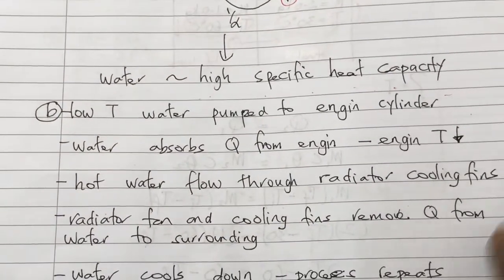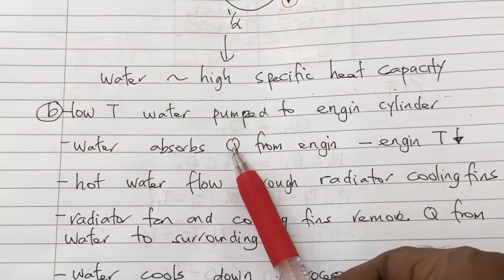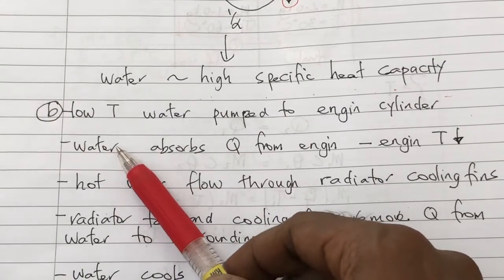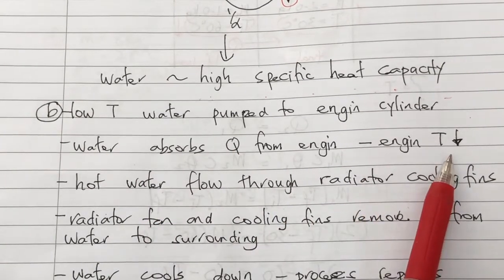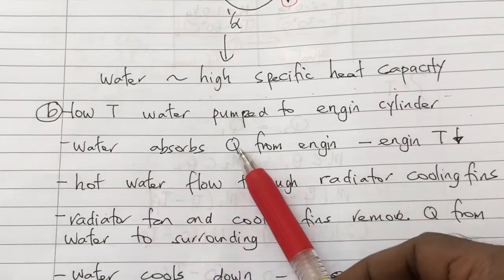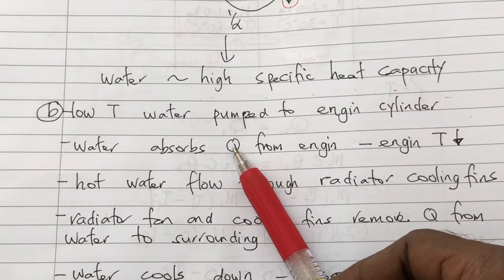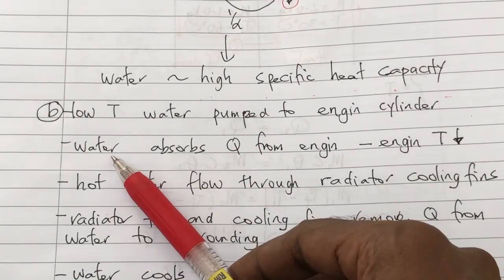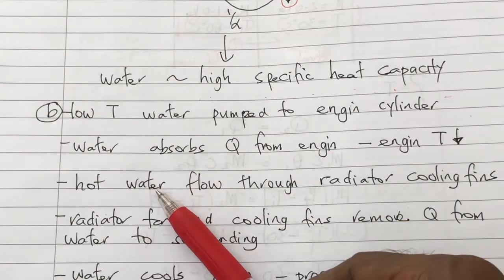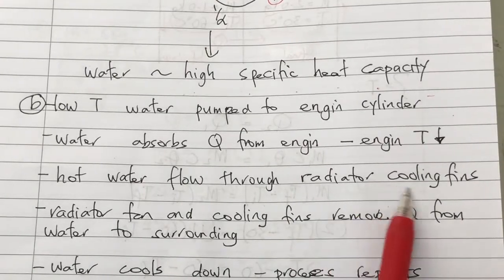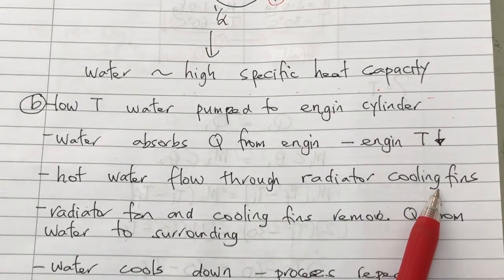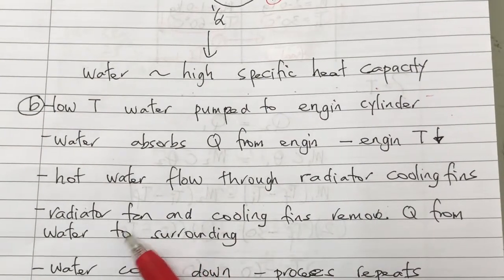Now, after the water has absorbed the heat, the temperature of the water has increased. Temperature of the engine decreases. So water absorbs heat from the engine and its temperature increases. The hot water now will flow through the radiator cooling fins. This is a component with sharp, thin shapes.